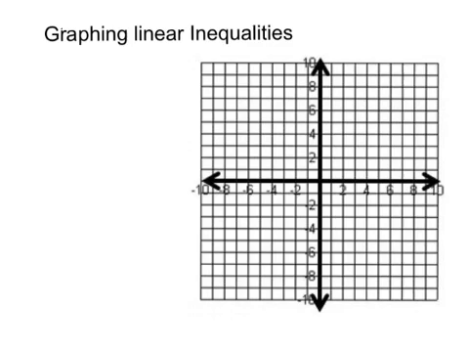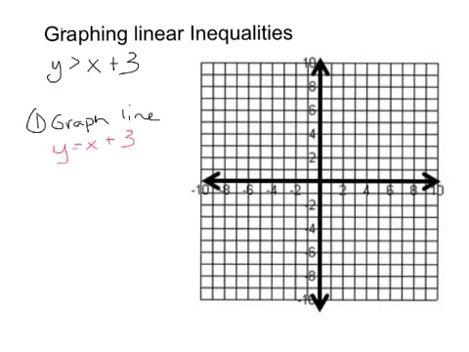When I look at beginning to graph the inequalities, I'm going to show this by doing an example. So I'm going to look at y is going to be greater than x plus 3. Okay, my first step is to graph the line. It's what's called a boundary line. So in this case, I'm going to look at where y is equal to x plus 3 is.